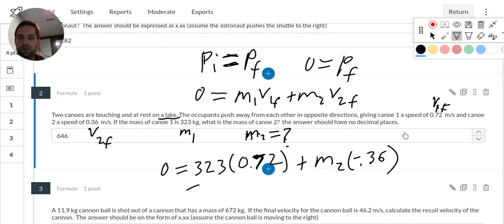So 323 times 0.72, 232.56 to both sides.